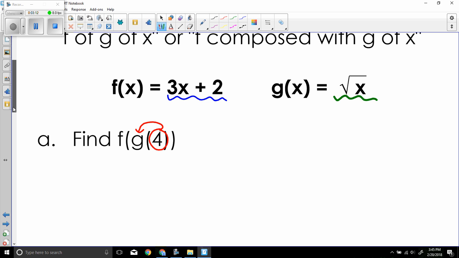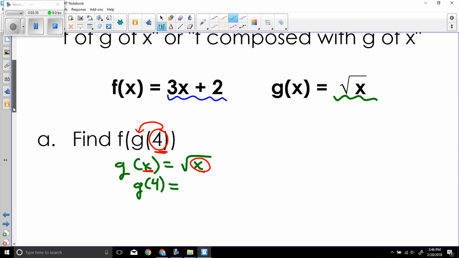I know that g of x equals the square root of x. But I'm supposed to be taking this 4 and plugging it in. It's like it's in the spot of this x, which means this x needs to become a 4. So if I rewrite it, I get g of 4.